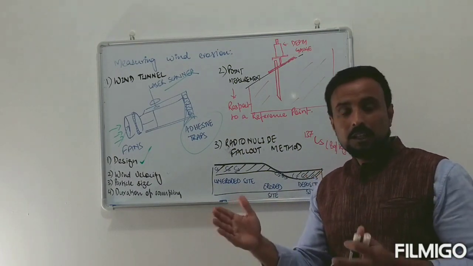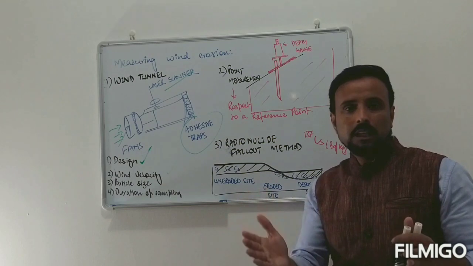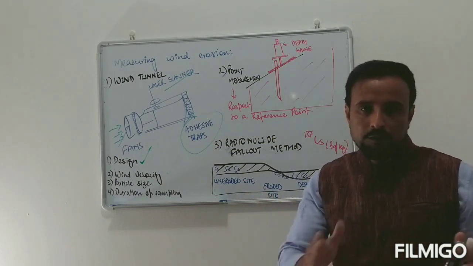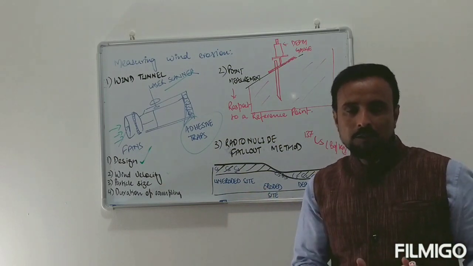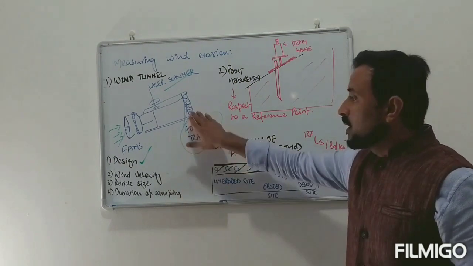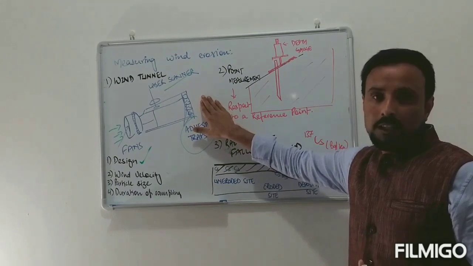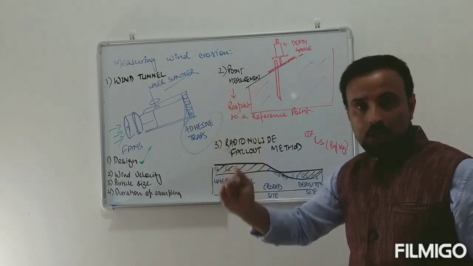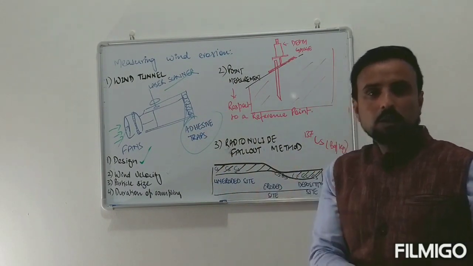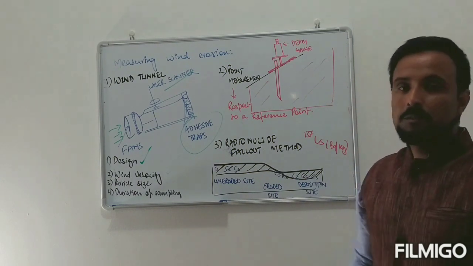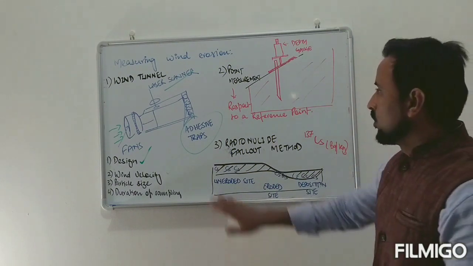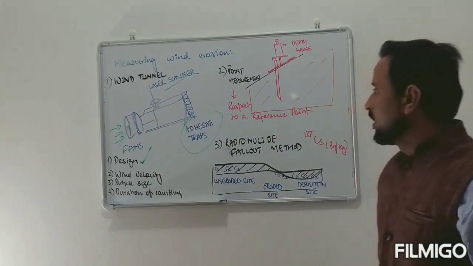Right? There is a relation established with the wind velocity which we design, which we manipulate, and which kind of particles we are collecting here, coarse size particles or fine size particles, right? And a relationship is made that on this particular wind velocity, this particular particle is collected. So this is one of the basic methods, the wind tunnel method.